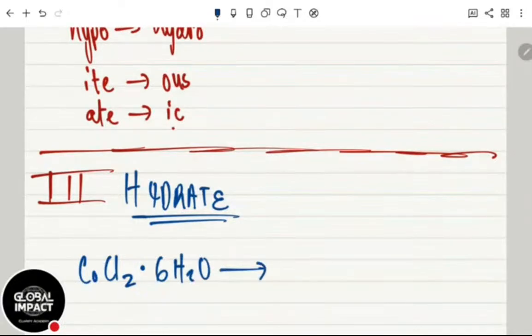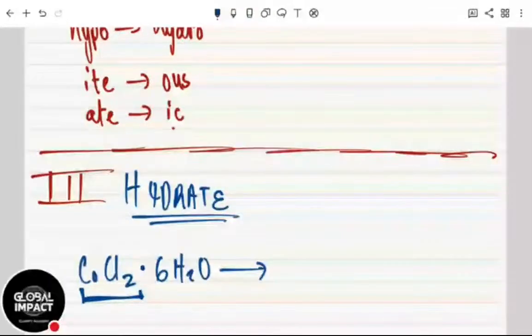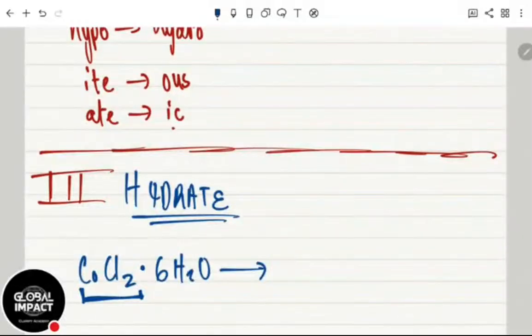Well, what you're going to do is put the names of everything you are seeing here. You name the first part according to the rules we have just been studying, how you would have named it when it was binary. So here, I see that this is binary, so it's going to end with ide.